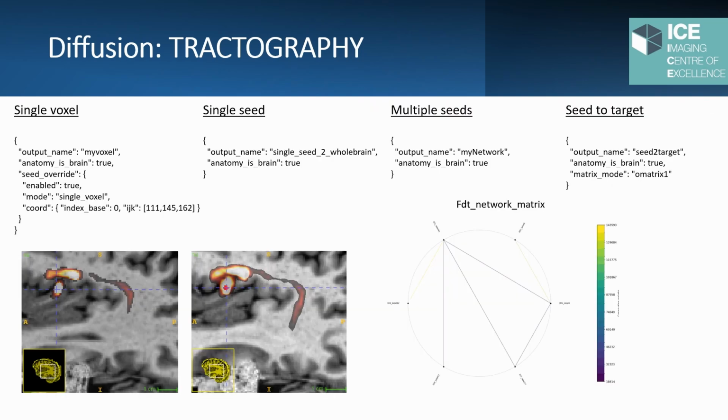So here are some examples of how that config file is set up for single voxel to rest of the brain, or single seed to rest of the brain, multiple seeds, tractography between multiple regions of interest, or from a seed region to a target region. And you can see some of the output here with the paths, the probabilistic tractography in the high resolution anatomical space.